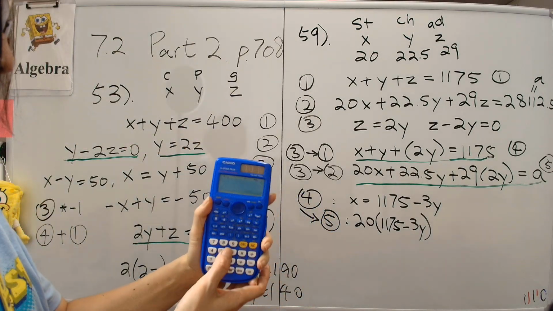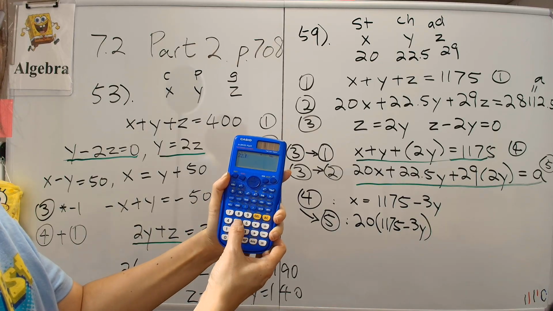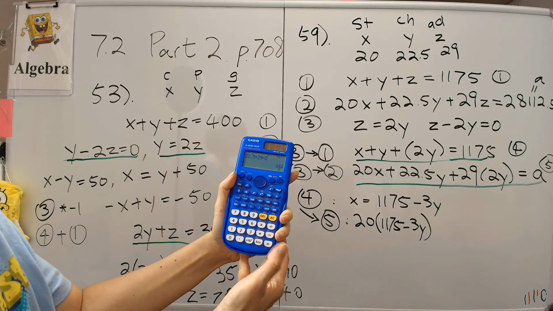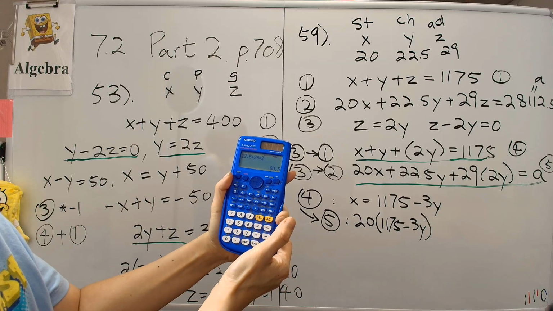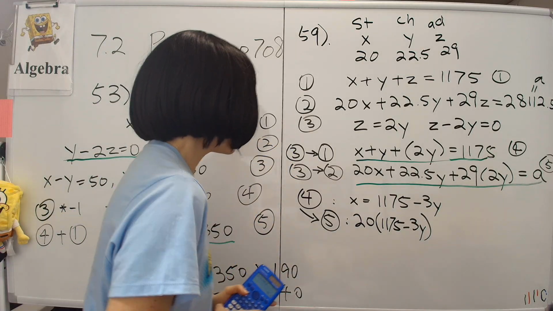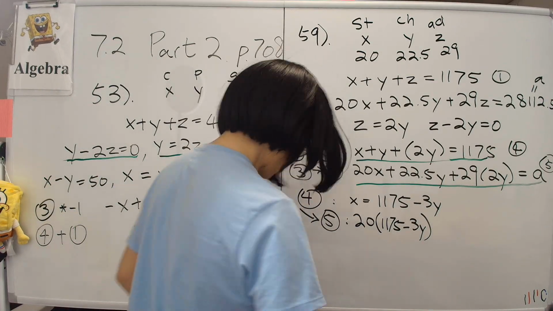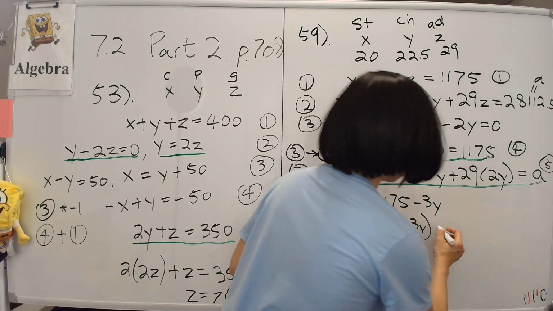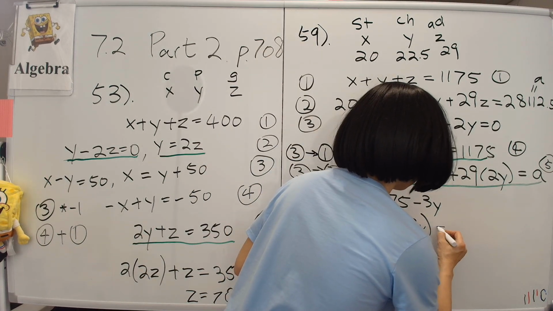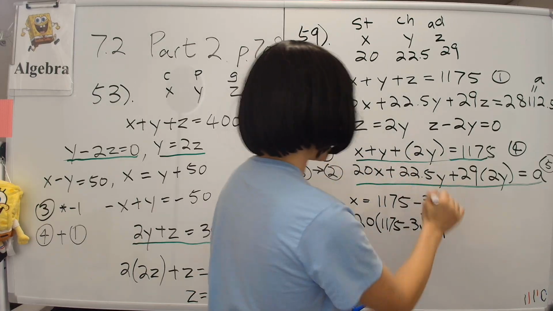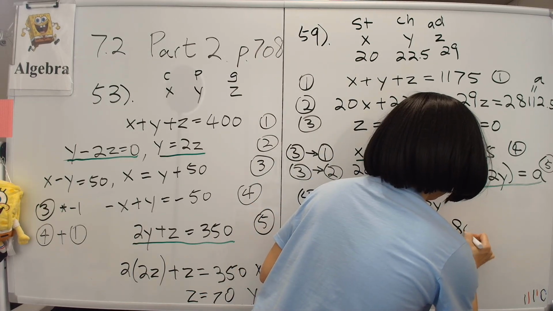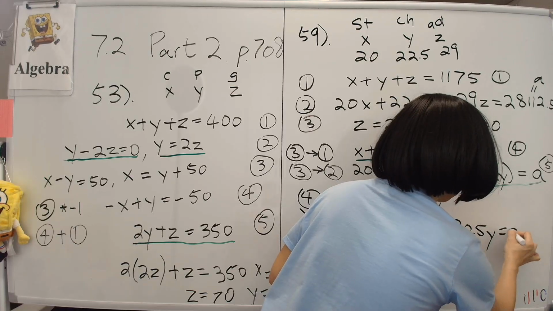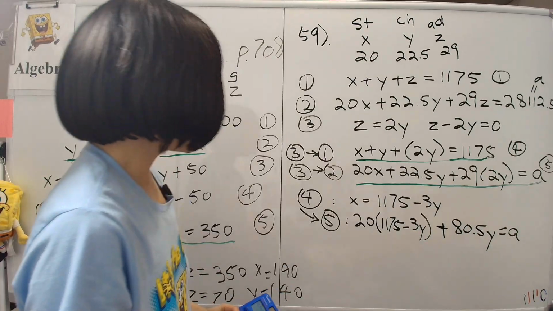I need to add 22.5 plus 29 times 2. That is 80.5. All right, so that would be 80.5y, and that will be equal to the A value. We'll calculate the A later.